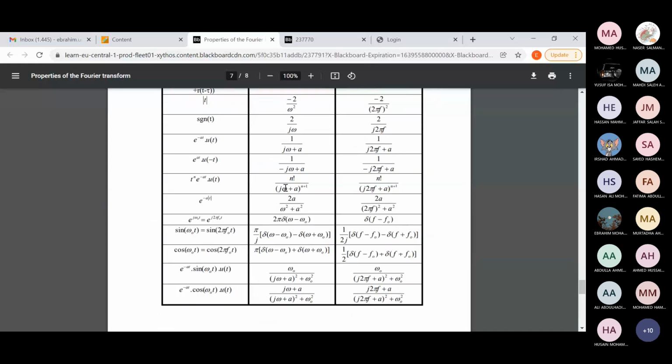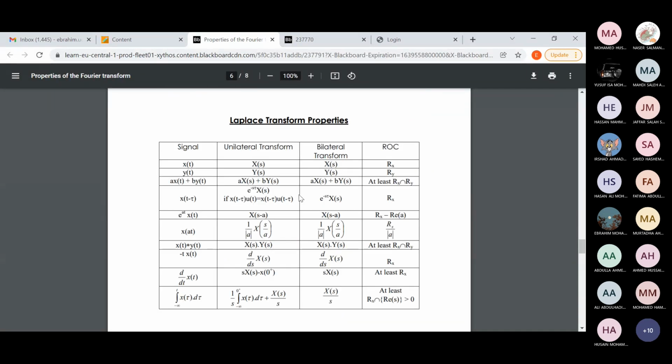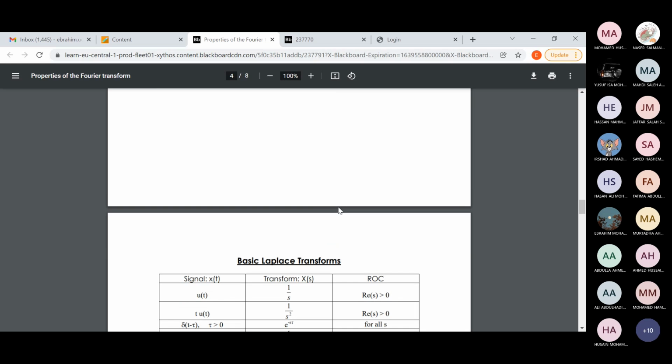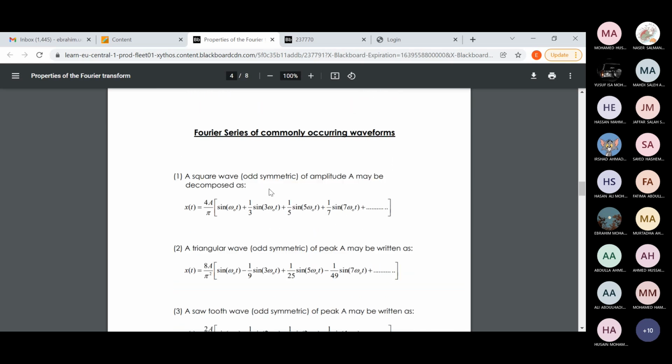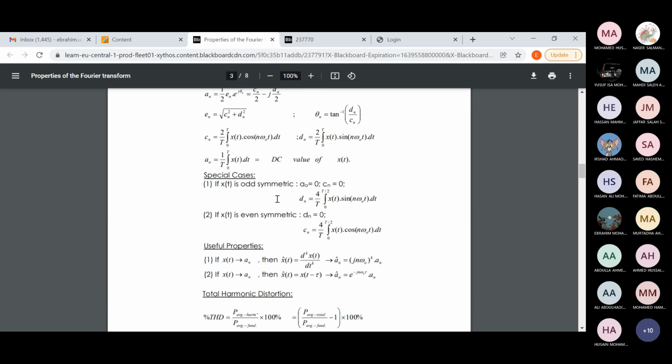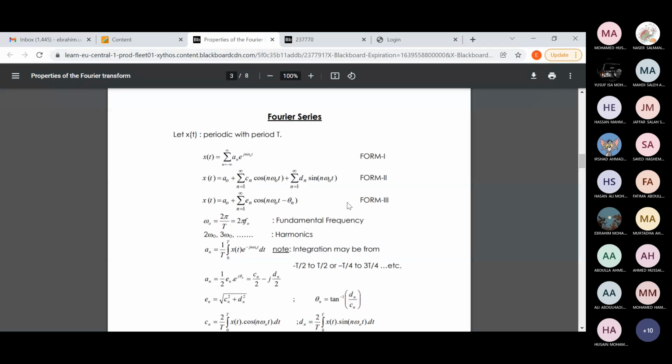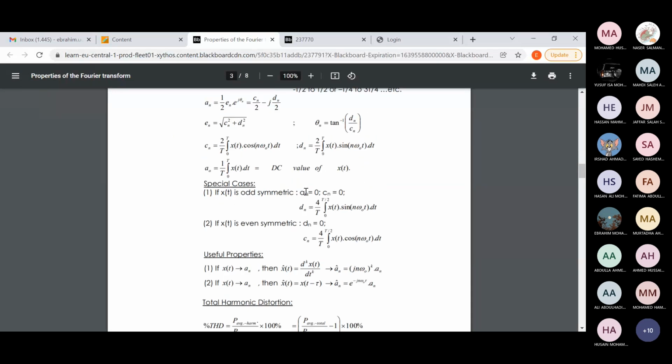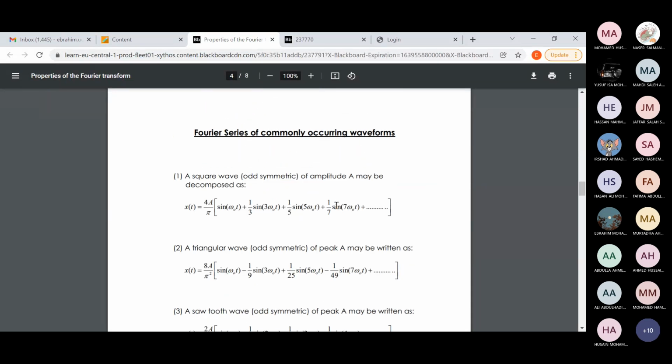Okay, if you use table number 1, the table of Fourier series here, all these are ready for you to use. So then you don't need to do the integration and say that this is odd, so find alpha, beta, and DC, then put it in the formula of Fourier series, which form 2, for example. You don't need that. The question is only to find the output. So then in the formula sheet, this is given. We have it.